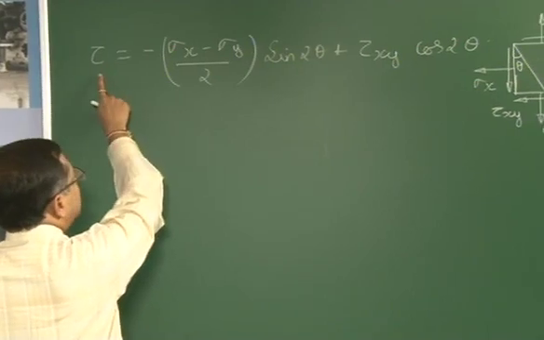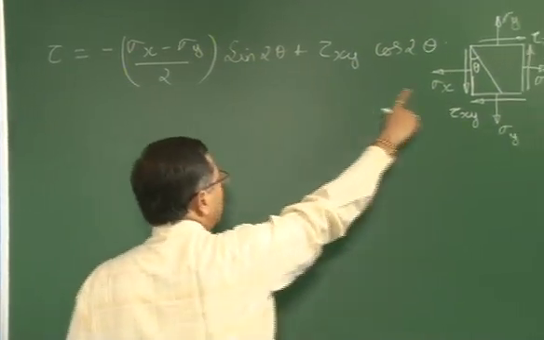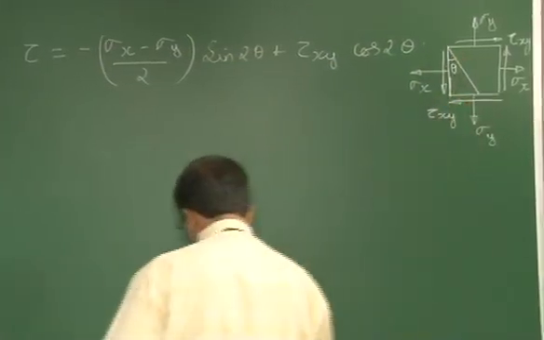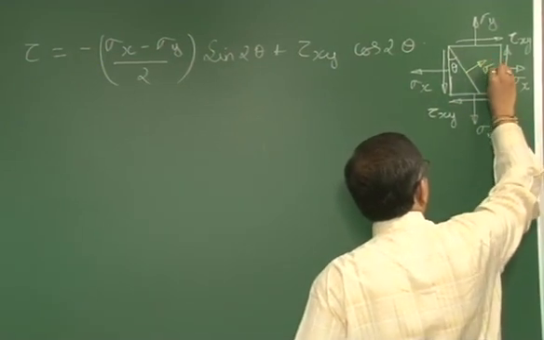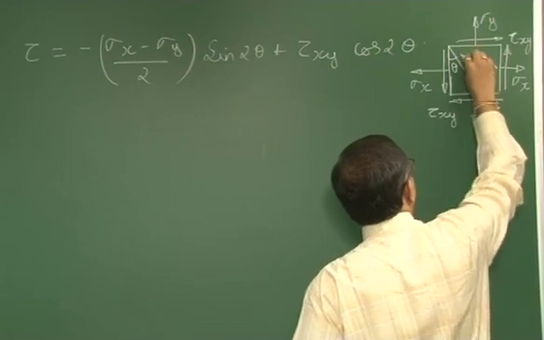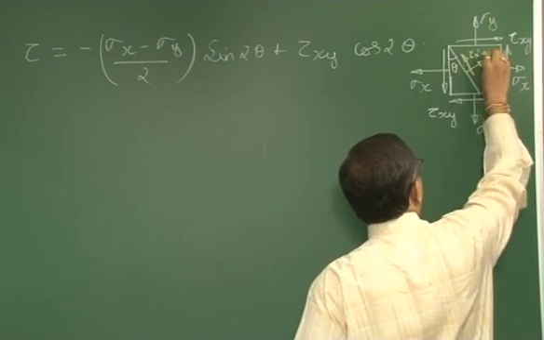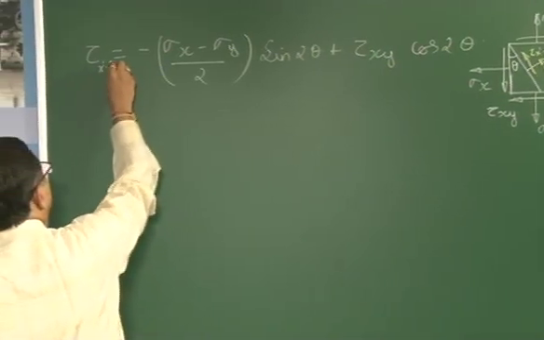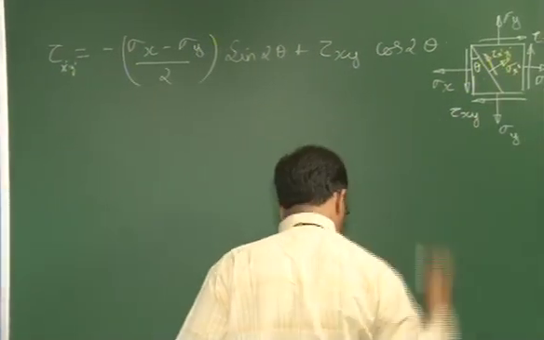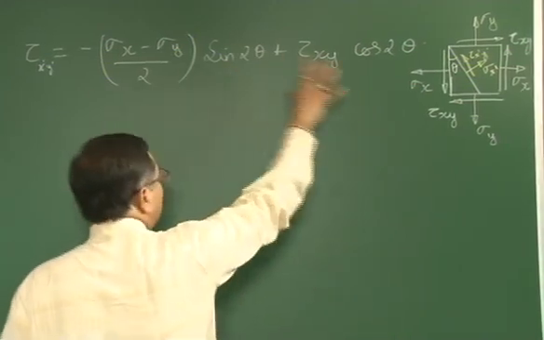We have this expression for the stress acting on this plane, that is, if this is the normal stress sigma x dash and this is tau x dash y dash, we got the expression for tau x dash y dash for any plane as this equation.